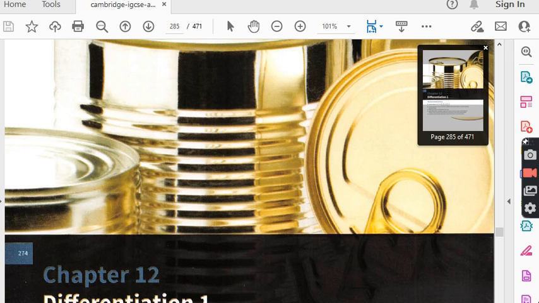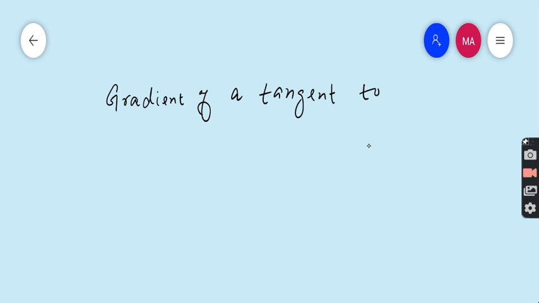I will not go into detail, but just tell you that it is called the gradient of a tangent to the curve at a point.